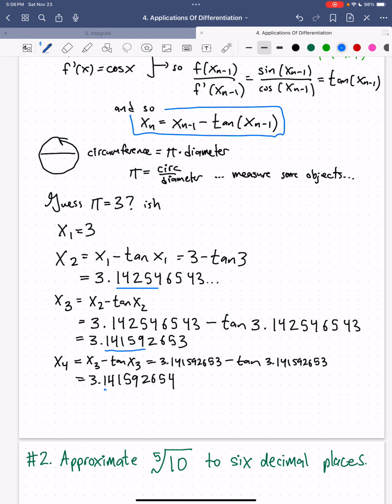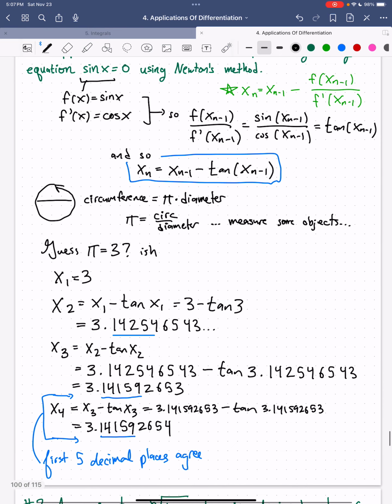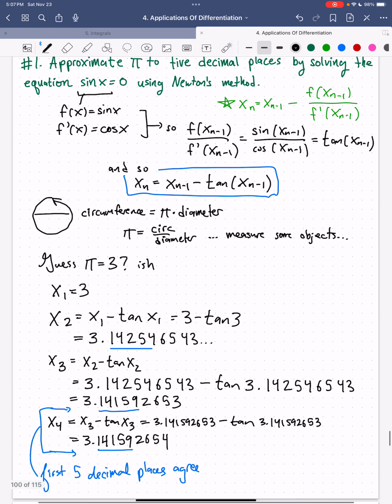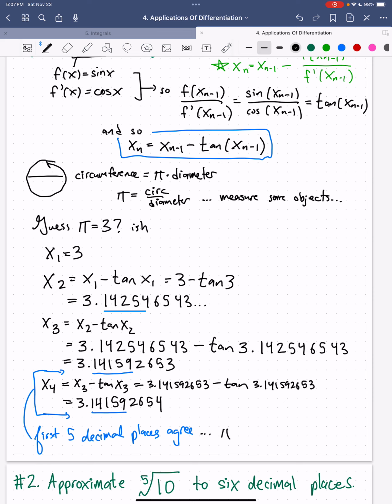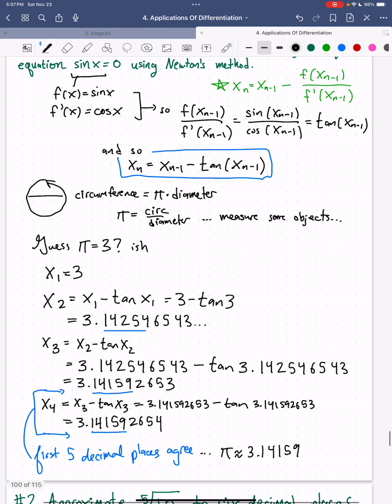And because these first 5 digits agree, we have a good enough approximation. We don't have to round up or anything because we have 2 there. So we can now say pi is approximately 3.14159. And we got that using Newton's method. Cool. So that's our first example.